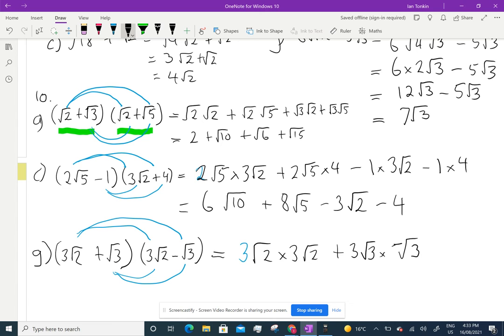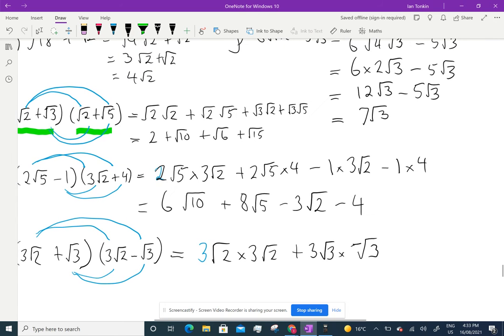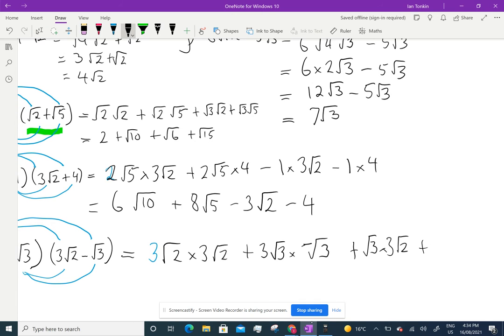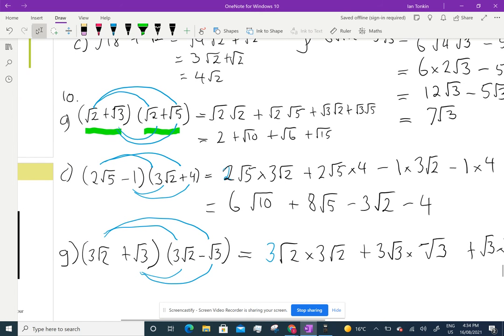There's a minus there. Plus root 3 times 3 root 2 plus root 3 times minus root 3. Let's double check, make sure we've got them.